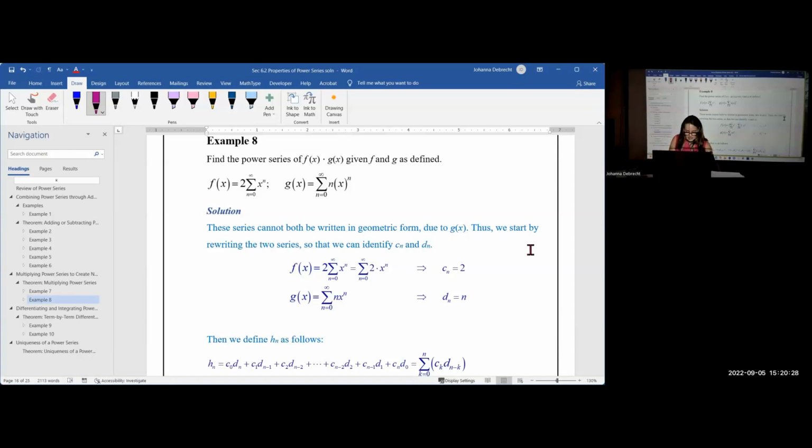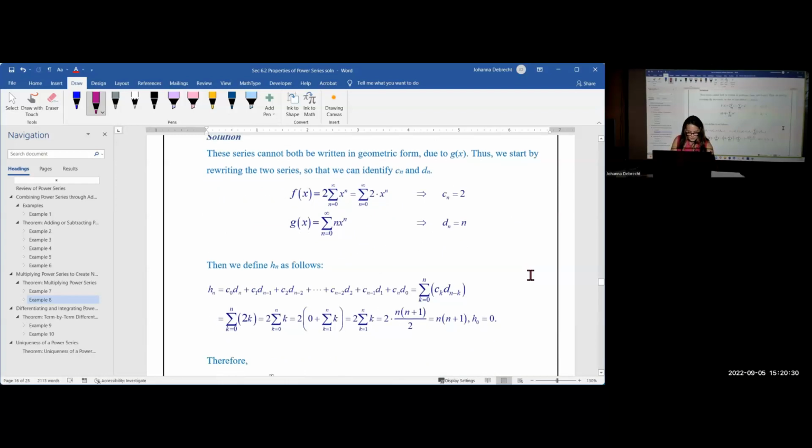So we can define h sub n in the following way. Again, we're going up in the subscripts of C and down in the subscripts of D. In our case, of course, this gives us the formula C sub k, D sub n minus k.